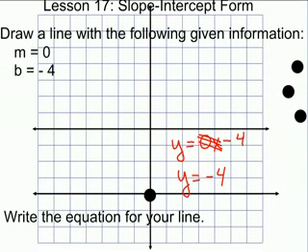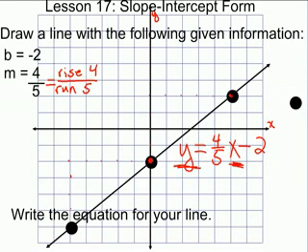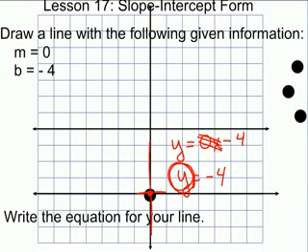This last one that we just did, it only has a y in its equation, so it only crosses the y-axis. See, it crosses right here. So if it only has a y, it only crosses the y-axis. If it has an x and a y, then it crosses the x and the y-axis.